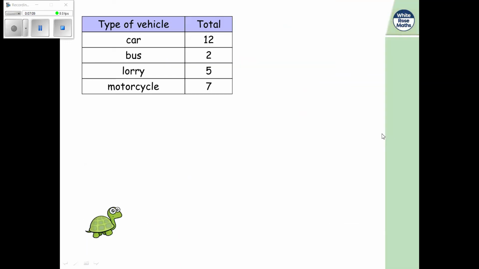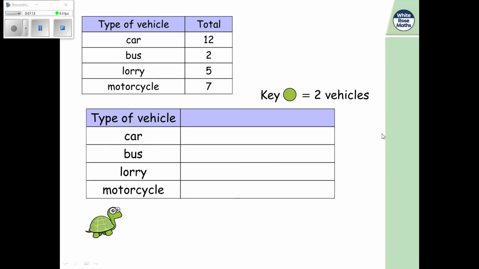Okay, so types of vehicles, there is our total, and we would like you to have a little think here. So we know that we need to be counting on our 2s all the way to 12. So let's do this first one together. 2, 4, 6, 8, 10, 12. Brilliant. So now it will tell you to pause later, but I think you're great enough to pause here and have a little think about the 2, 5, and 7.